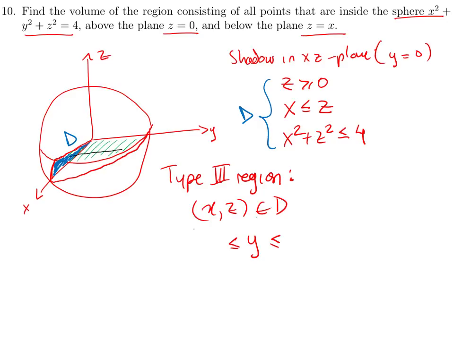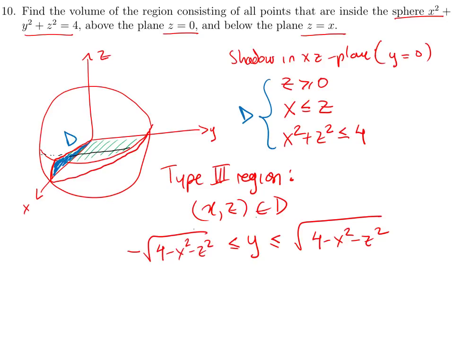So the picture is something like, if you draw this line, how far out does it go in both directions? And the answer is, well, it goes to the boundary of the sphere. So y is at most square root of 4 minus x squared minus z squared, and at least minus square root of 4 minus x squared minus z squared.